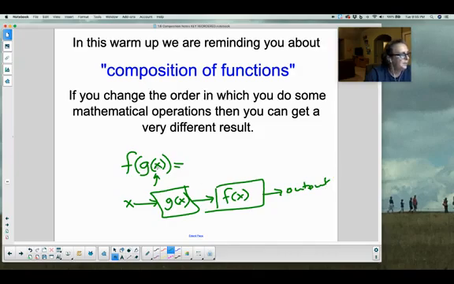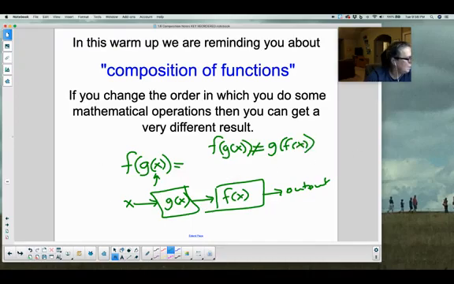So x goes into g of x, what comes out of g of x goes into f of x, and you get your final output. And what we've just proven is that f of g of x is often not the same as g of f of x. The order in which you do this composition matters.